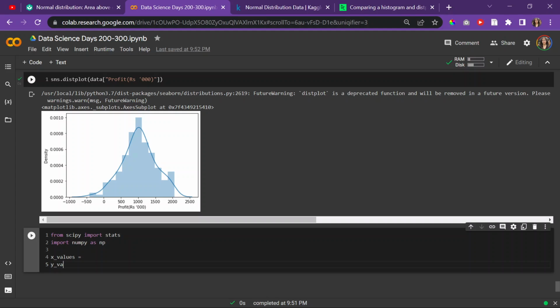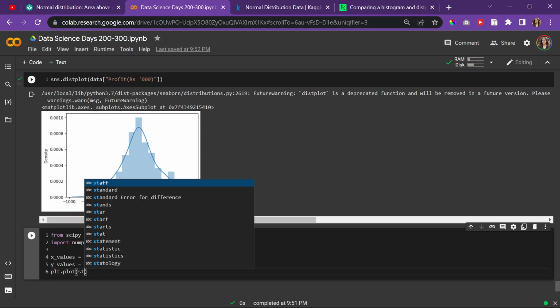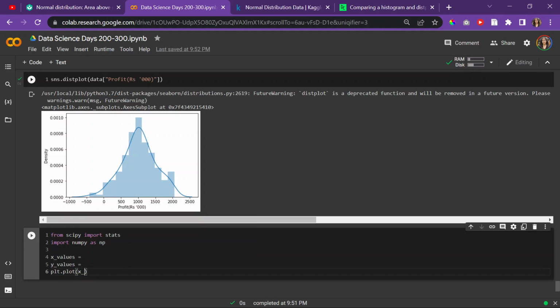What are my y values? Then I'll do plt.plot, and I'll do x values, y values, and the y values would be stats.norm.pdf of your x values, but I don't know what the mean is.